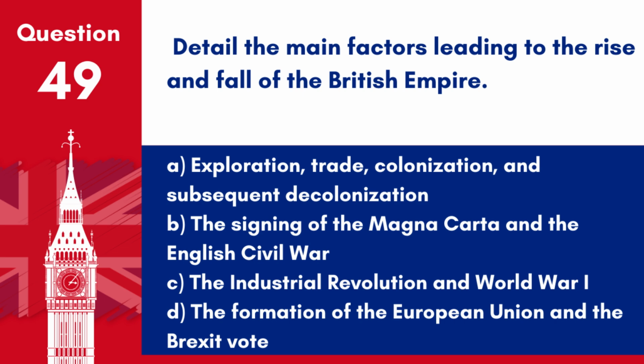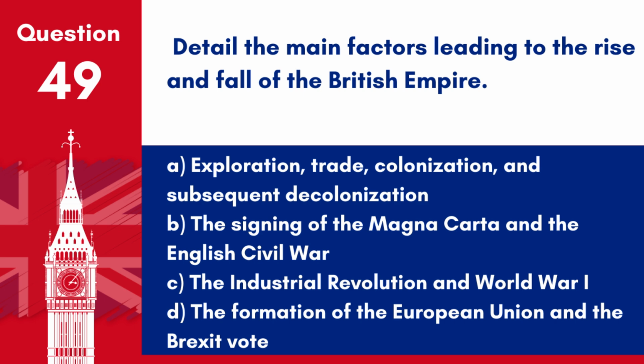Question 49. Detail the main factors leading to the rise and fall of the British Empire. A. Exploration, trade, colonization, and subsequent decolonization. B. The signing of the Magna Carta and the English Civil War.